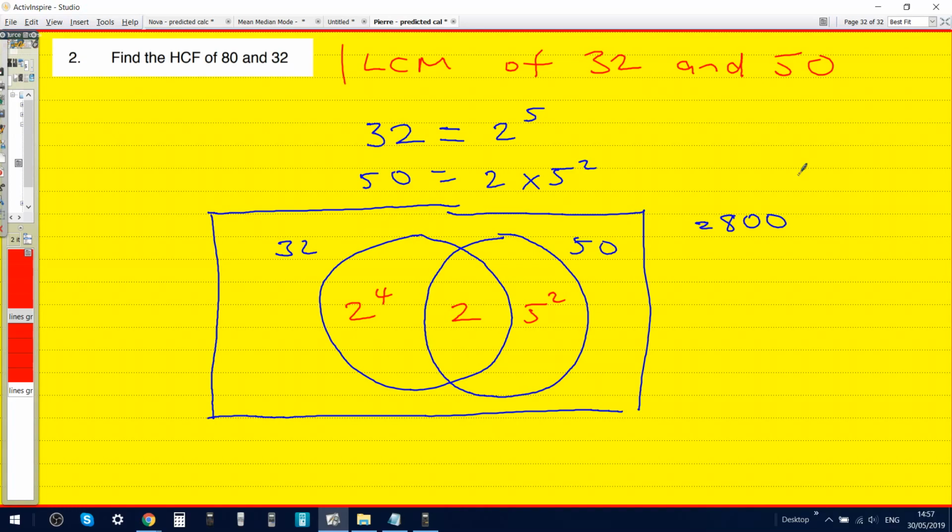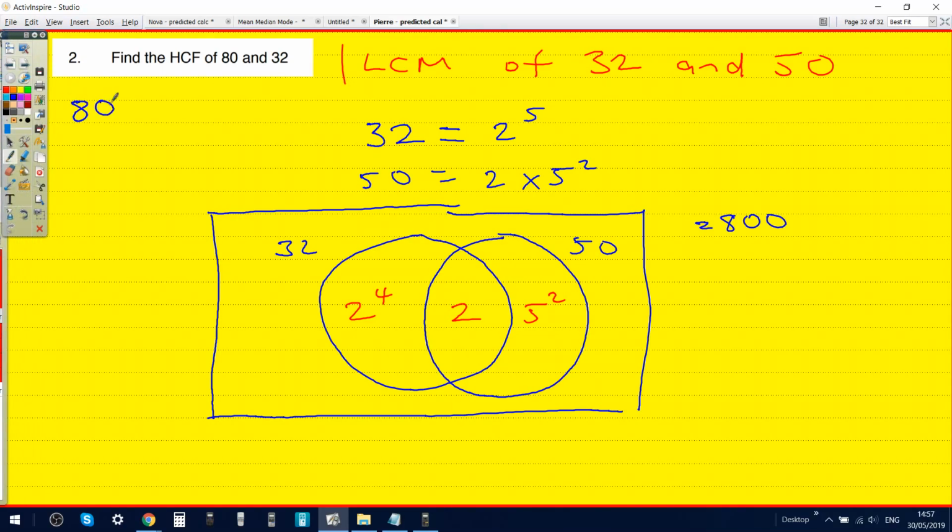So to do the HCF, it's literally just what I did originally. Would it just be 80 equals that? So you write down, I've got for 80, 2 to the power of 4 times 5.